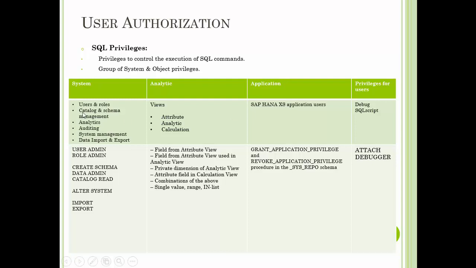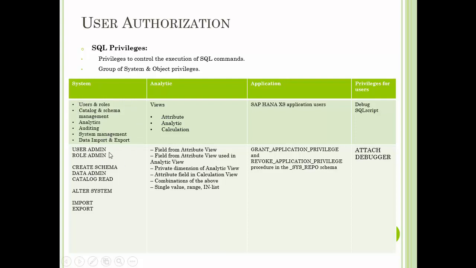Coming to system privileges, which are responsible for users and roles, catalog and schema management, analytics, auditing, system management, data import and export. These are the set of activities for which system privileges would be relevant.